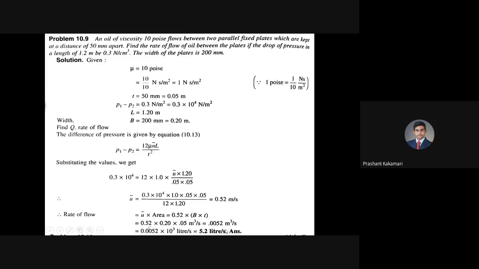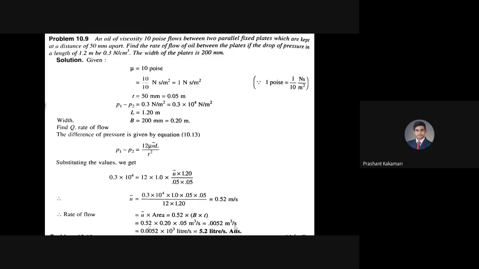So either you can keep it in meter cube per second, or if you want, convert it to liter per second. Actually, liter per second is not required for us. Our required answer is in SI unit, that is meter cube per second. So you can keep this answer as 0.0052 meter cube per second. Okay.